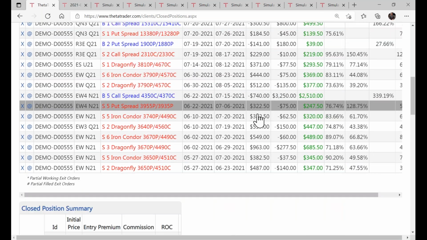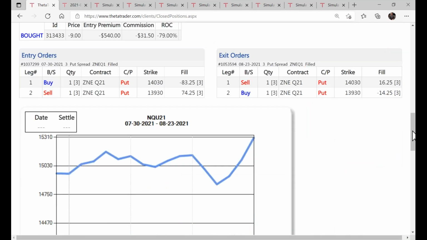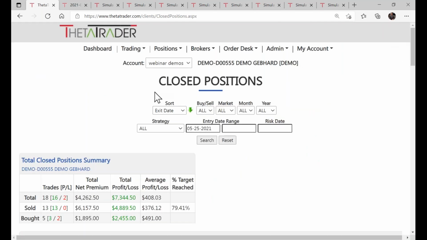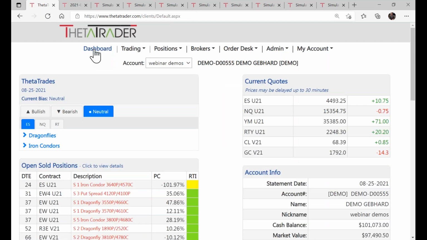The answer is yes, there's always risk, and all these trades can lose money. If there wasn't a risk, there'd be no potential for gain. But let me switch gears real quick and show you probably the best feature of all.